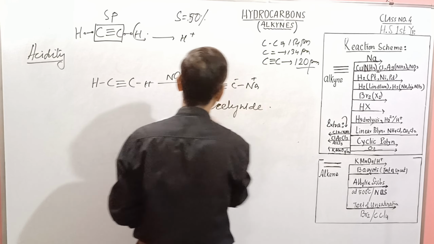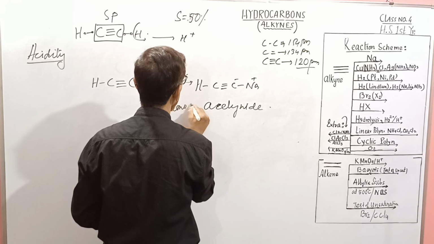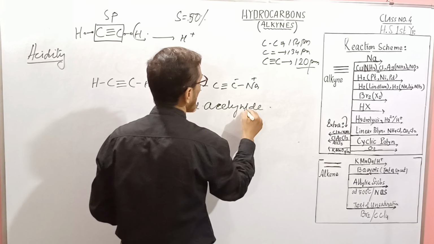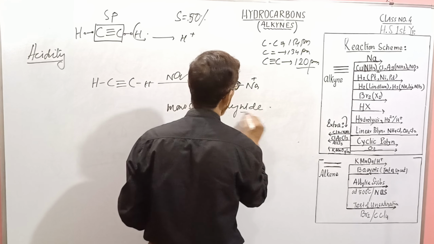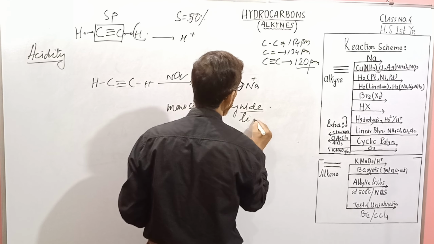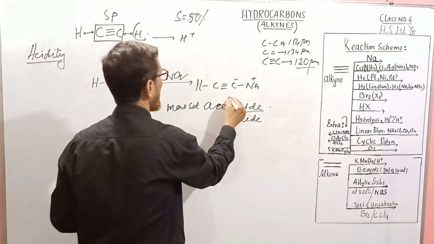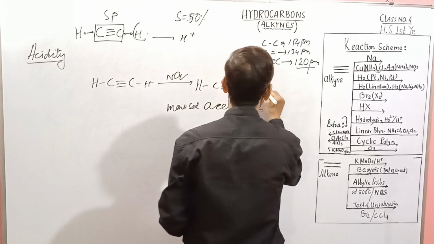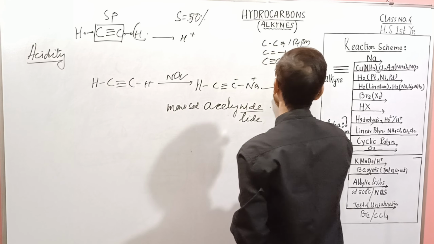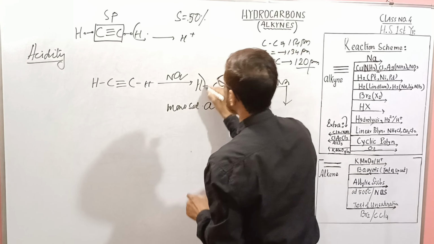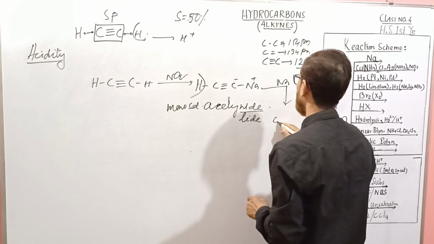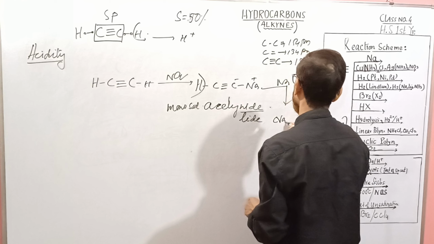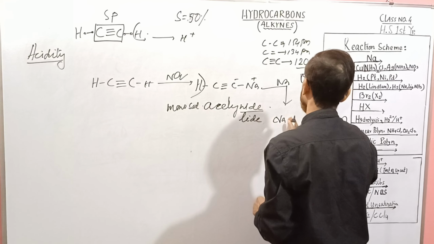Monosodium acetylide. You can write it as nide or lide, acetylide. Both are correct. In your book it is given as nide, but lide is also correct. So if you make it react with more sodium, then that hydrogen will be released and one more sodium will enter. Am I right?